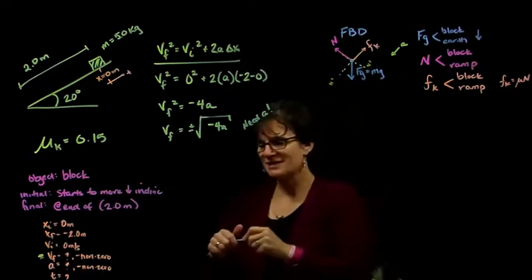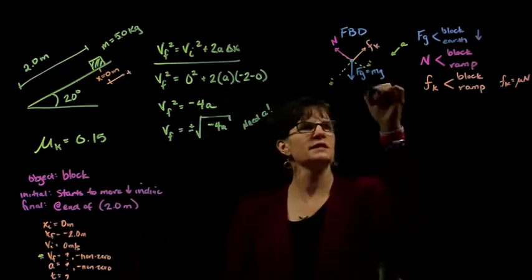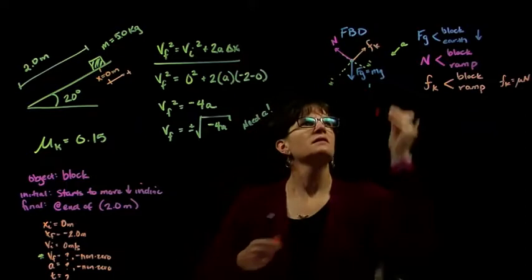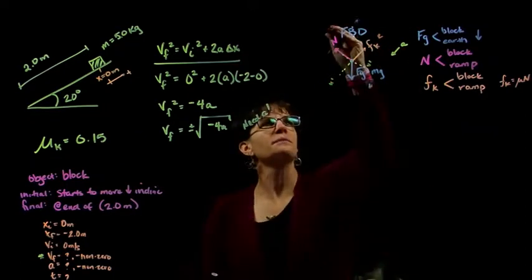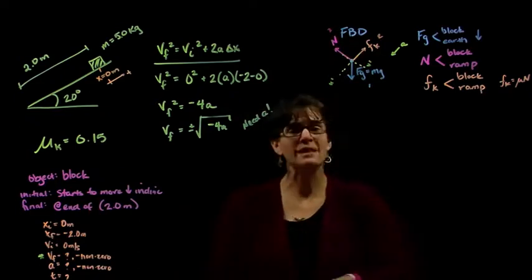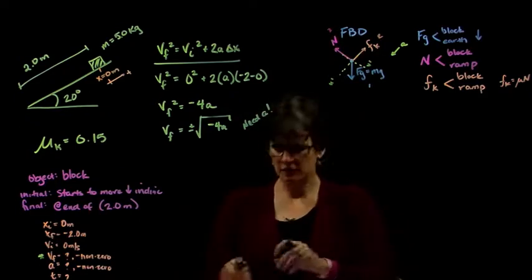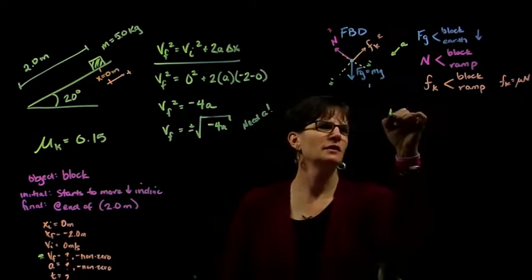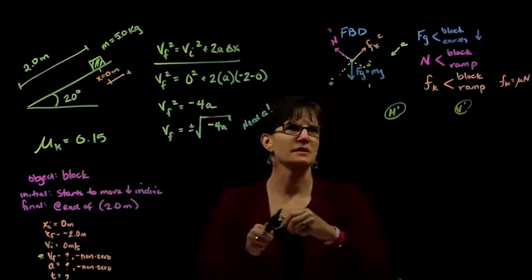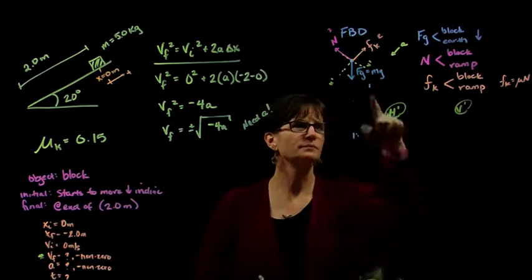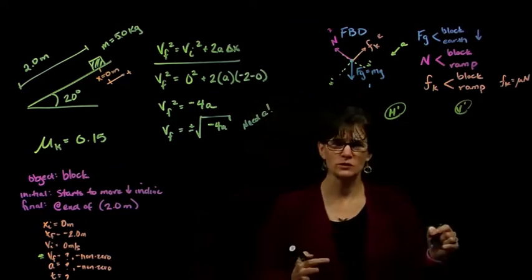Okay, so we will identify each one of these forces, force 1, force 2, and force 3, and I will break them up into my horizontal and vertical prime directions. We're looking at that rotated axis. So force number 1, well, I have the force of gravity.